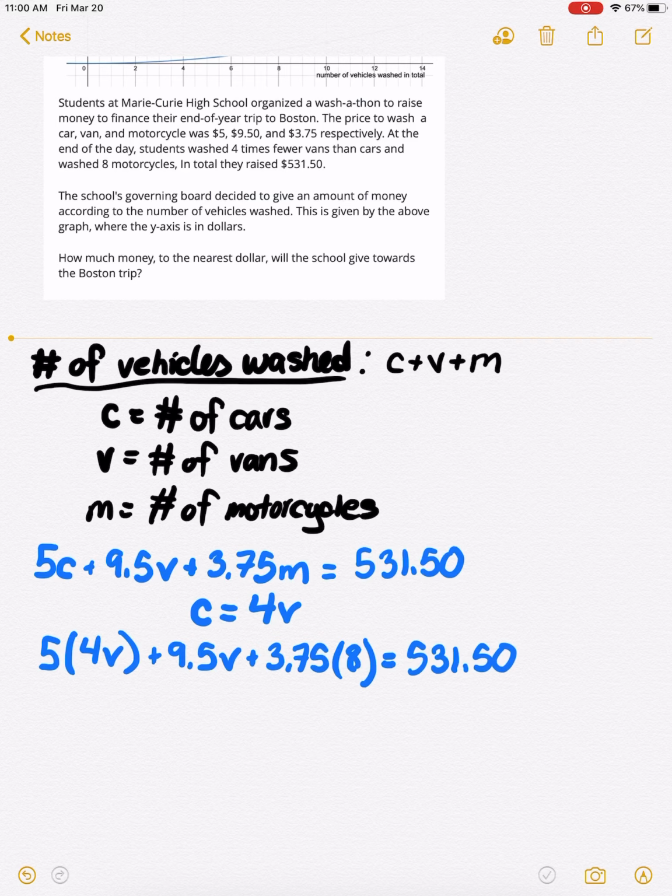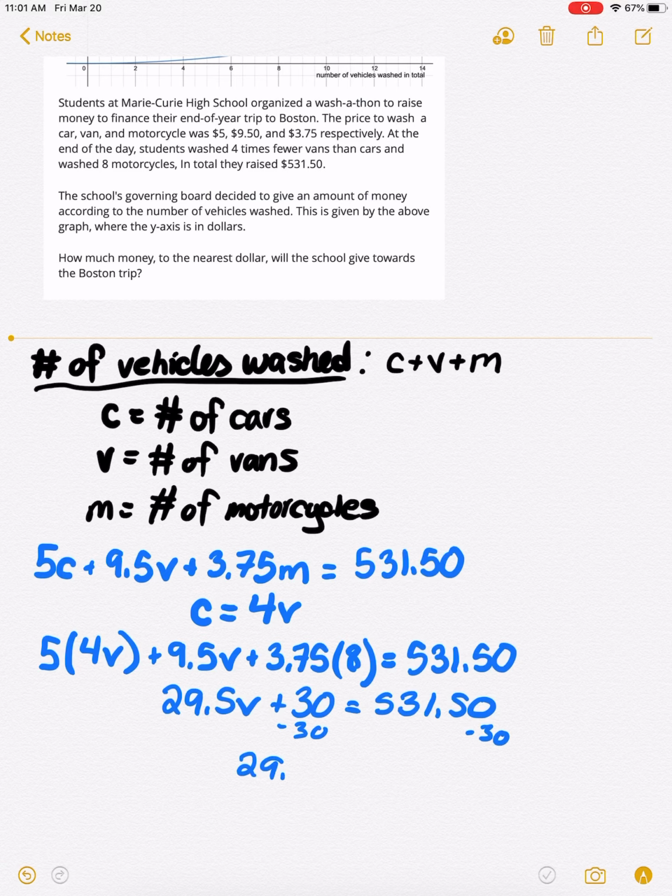So 3.75 times 8 is 30. 4 times 5 is 20, plus 9.5 would be 29.5V, plus 30 is equal to 531.50. Let's subtract 30 from both sides.